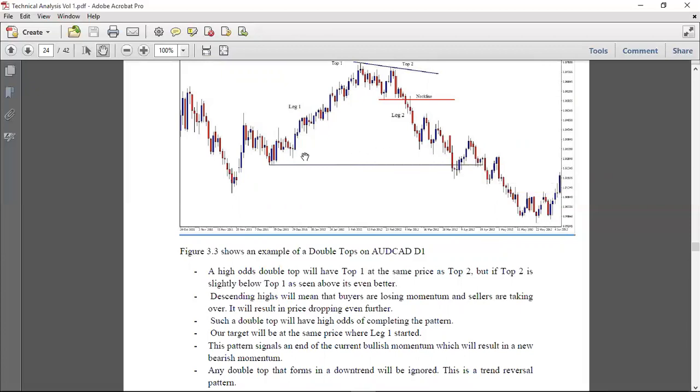But sometimes you do get patterns that will not complete, that might turn somewhere around there and then start to go up. So that's why we are looking for patterns that will form in an uptrend, creating lower highs, and just wait for a solid break of the neckline.